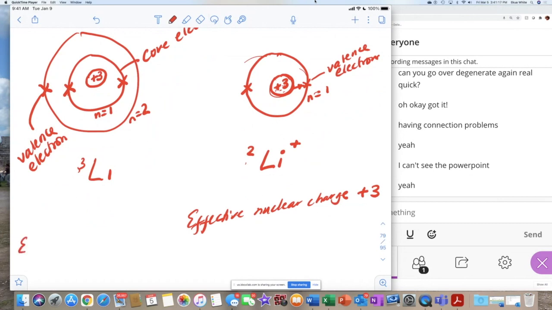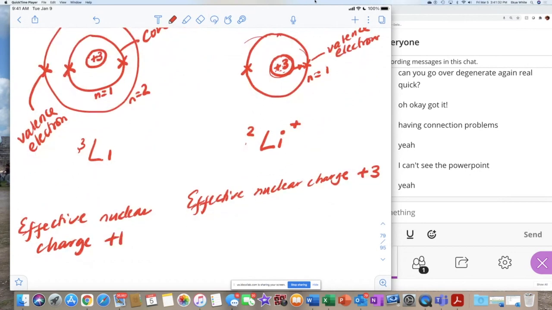Back here, though, the effective nuclear charge, which I didn't calculate earlier, is going to be plus 1. So the effective nuclear charge increases because here the outermost electron is being blocked by the inner electrons, right?